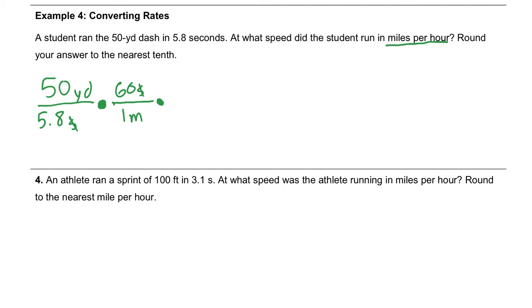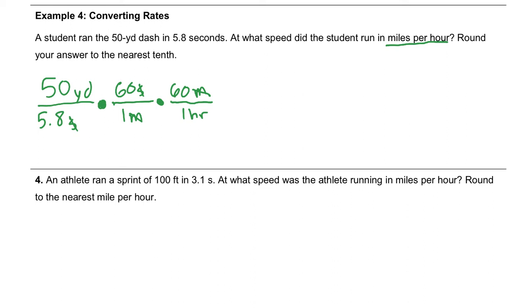I'm not going to do any of my multiplying until the end. So I'll show you what I mean as I go through the example. So I went from seconds to minutes. Now I'm going to go from minutes to hours. And I'm going to use the fact that there are 60 minutes in 1 hour. So I write that ratio. And the minutes eliminate.